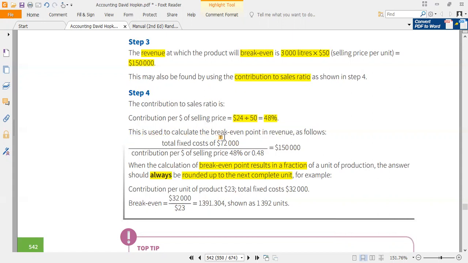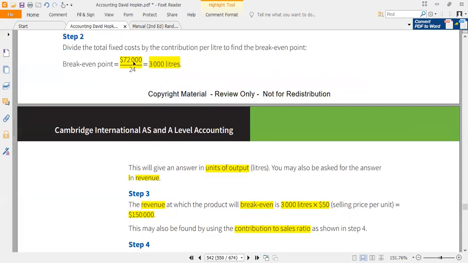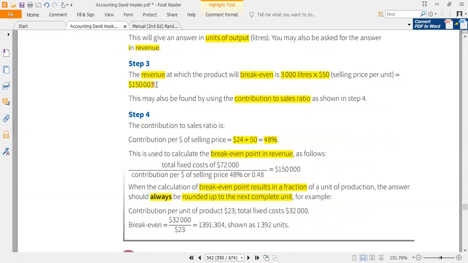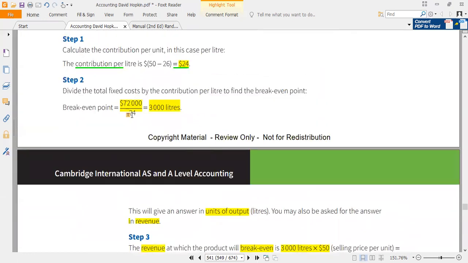This is used to calculate the break-even point in revenue. You can calculate it directly. The formula was 72,000 divided by 24 per unit. When you divide fixed cost by contribution per unit, your answer would be in liters or units.